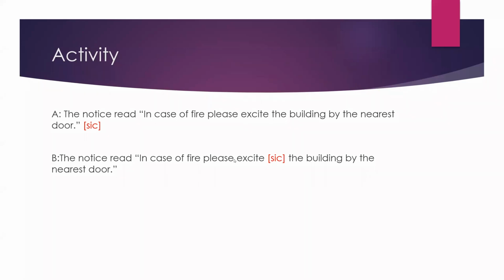But adding it right after the error helps the reader understand that the mistake falls right before the brackets. Obviously, the mistake is excite, it should be exit. In this case, that is the correct use of this type of bracket.